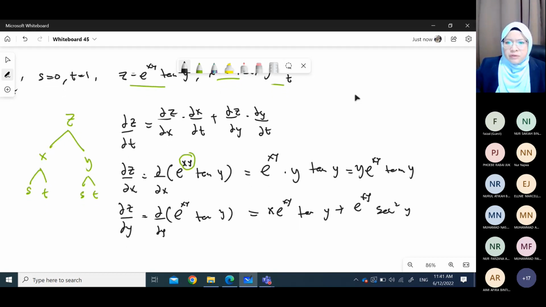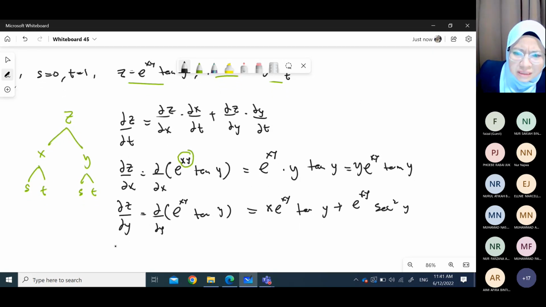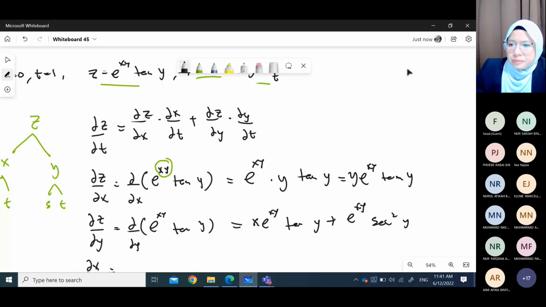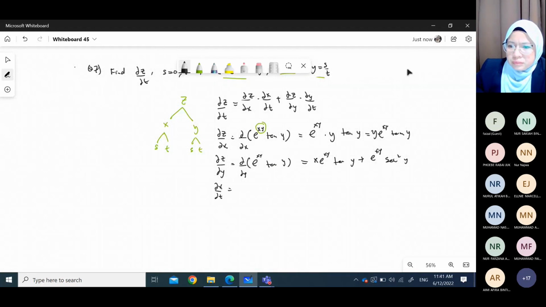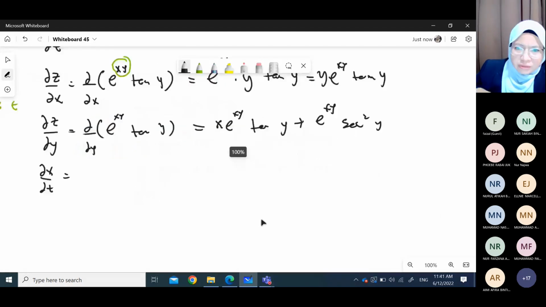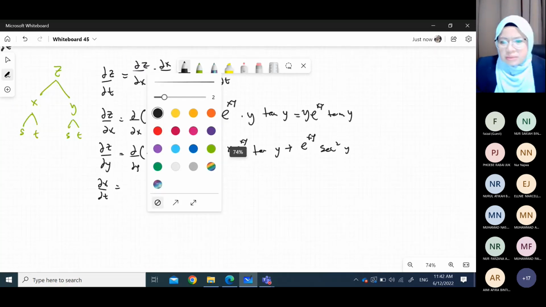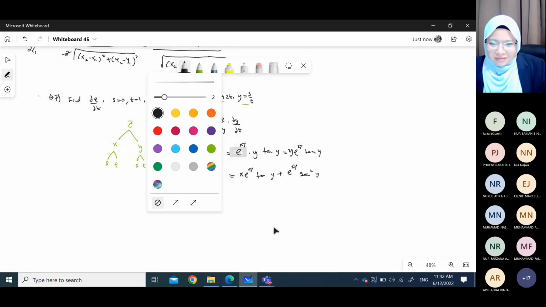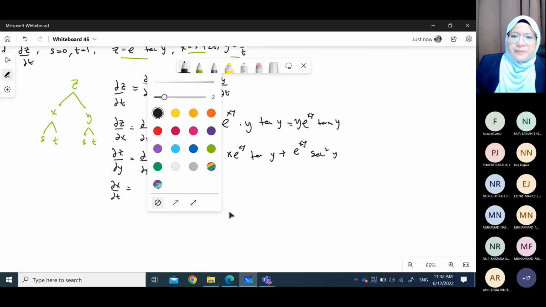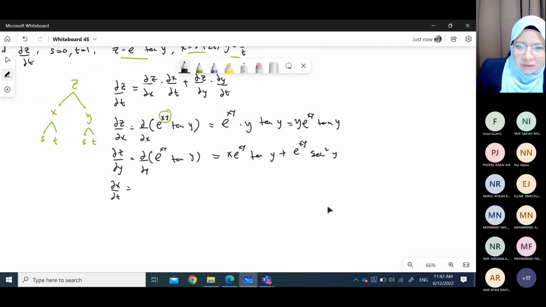Okay, so next we find the partial derivative with respect to t on x. Okay, so kita cari derivative with respect to t on x.